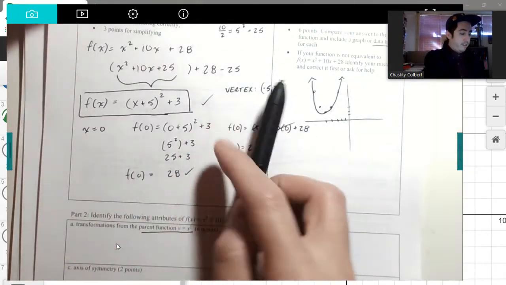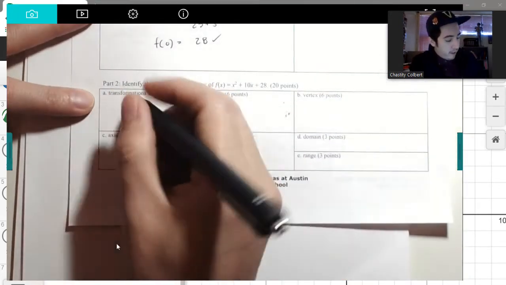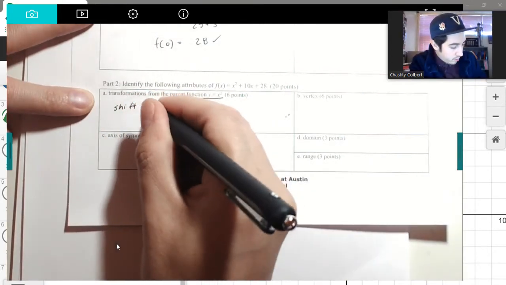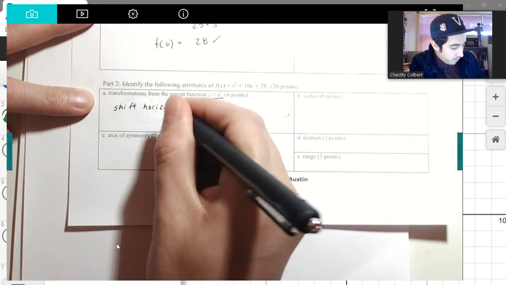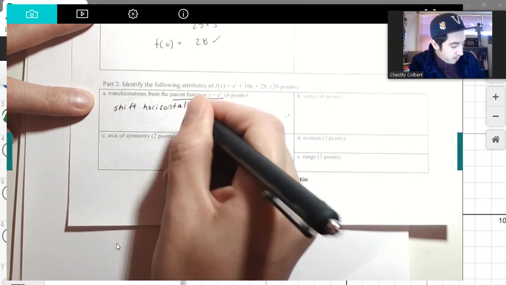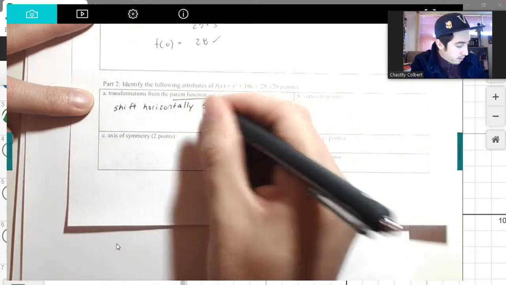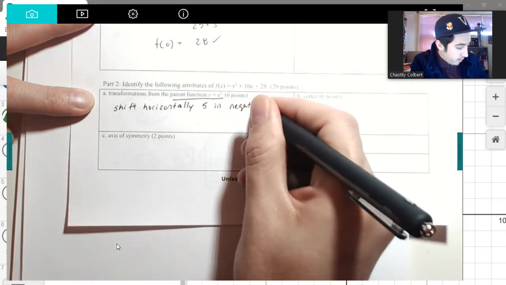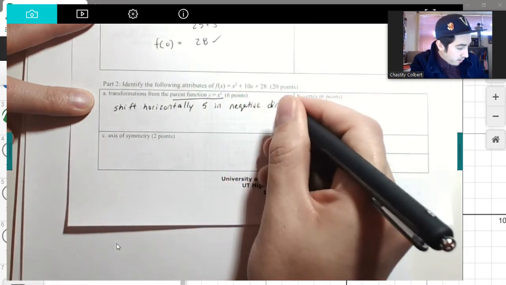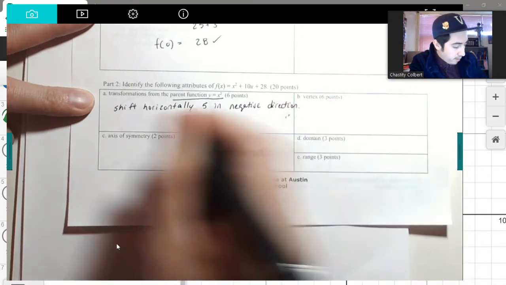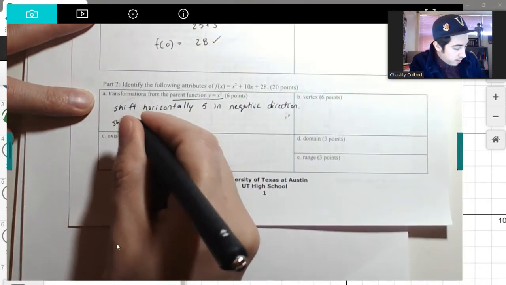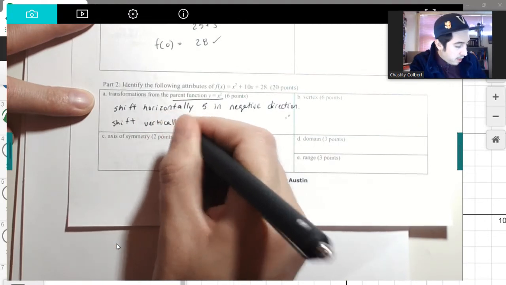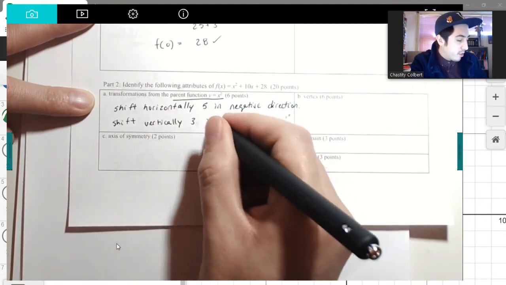I'd say shifted horizontally 5 in the negative direction. Shifted vertically 3 up in the positive direction.